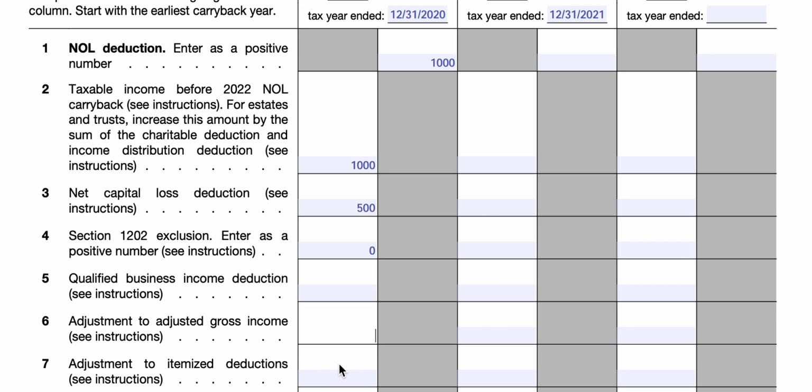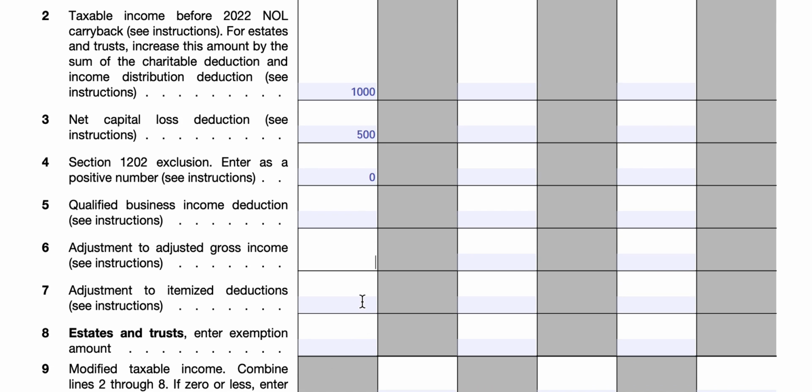And then in line 7, you're going to enter any adjustments that you might make to itemized deductions. So again, miscellaneous itemized deductions are suspended through the 2025 tax year.